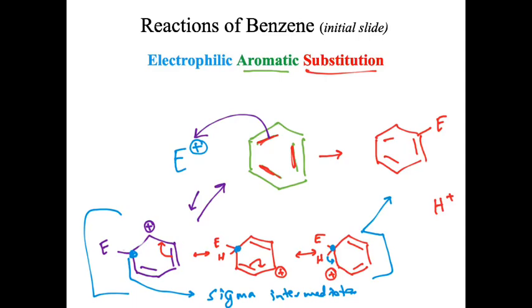Just like that, you will see questions based off of these sigma intermediates. So you have to be familiar with how to draw them. If you don't know how to draw them, that's a problem. Okay? And ultimately, the only reason you don't know how to draw them is because you thought you could do resonance structures in your head. Which if you can, that's good. You should be able to do that by now. And you shouldn't have to show those.